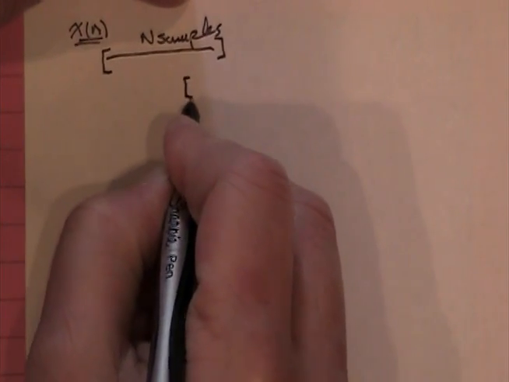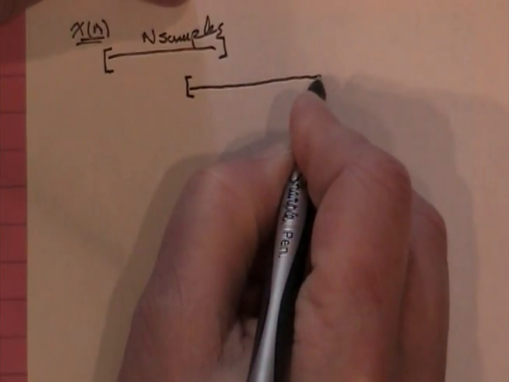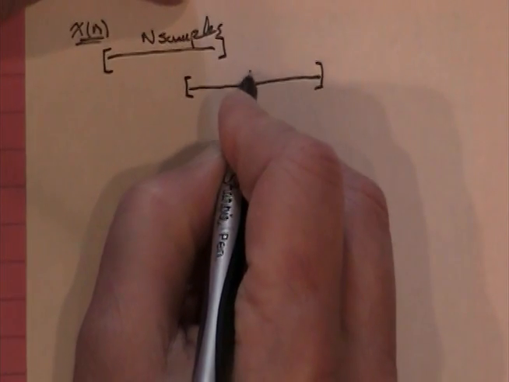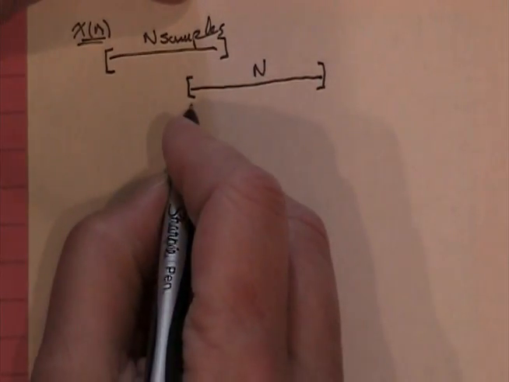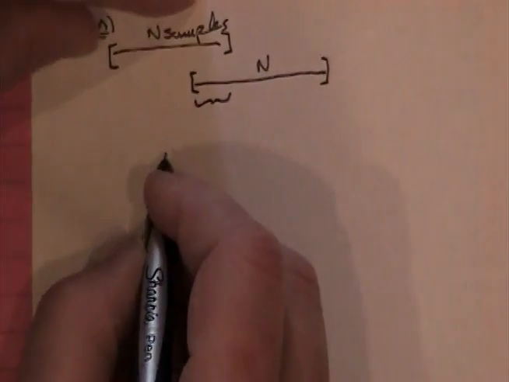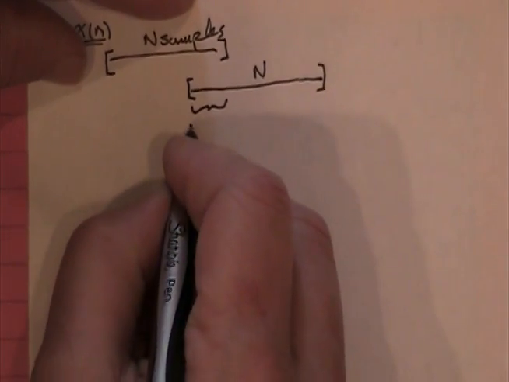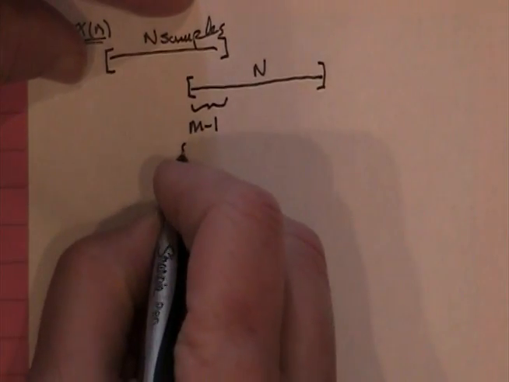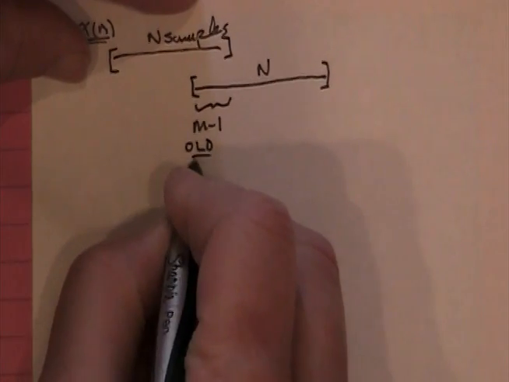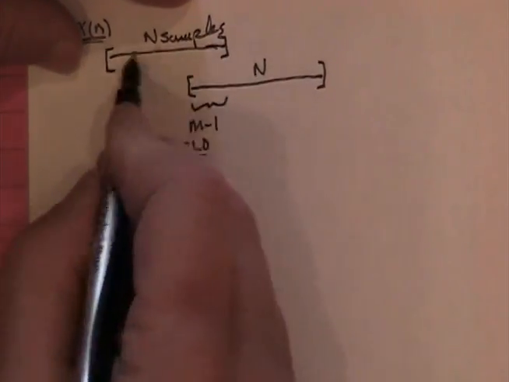My next block of samples, which is n samples long, is going to have a total of m-1 old samples that I already processed in the previous block of data.